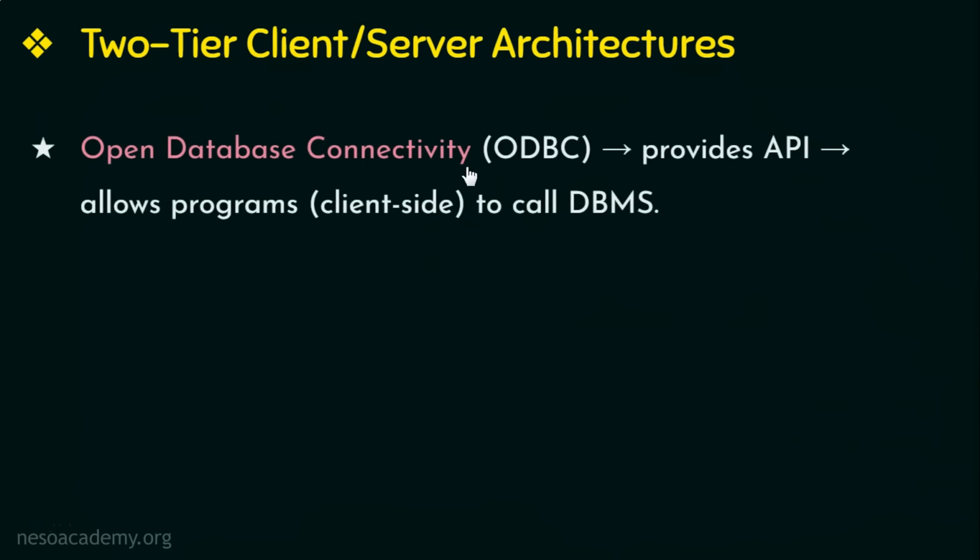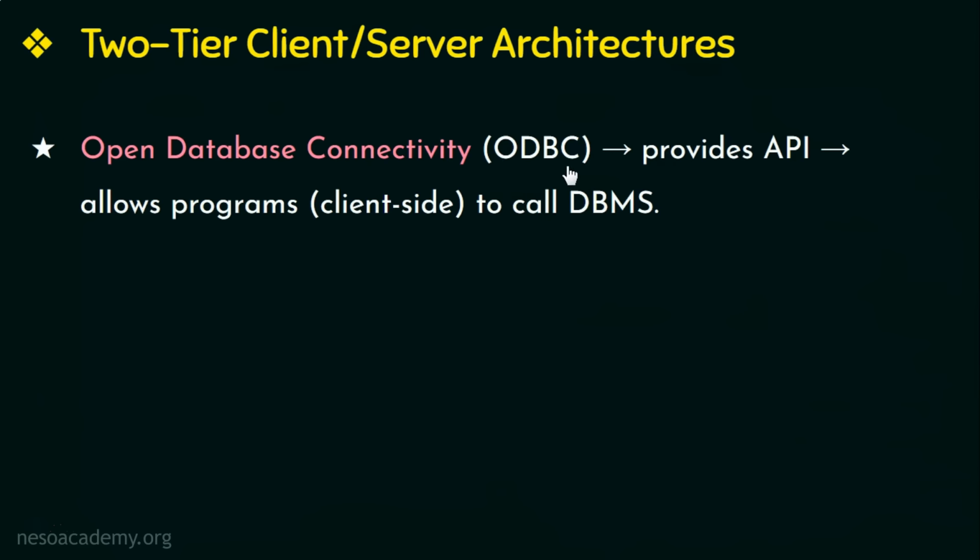Open Database Connectivity, or ODBC, provides an application programming interface, or an API, that allows programs from the client side to call the DBMS on the server side. That way, a client program can connect to several RDBMS and send query and transaction requests using the ODBC API, and these requests sent by the client programs are processed at the server side.